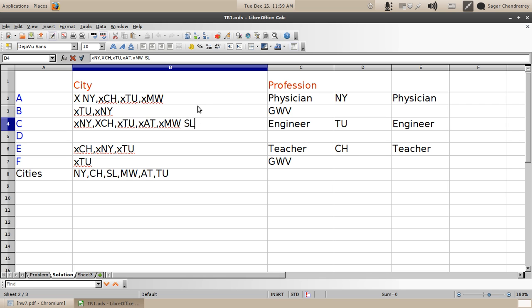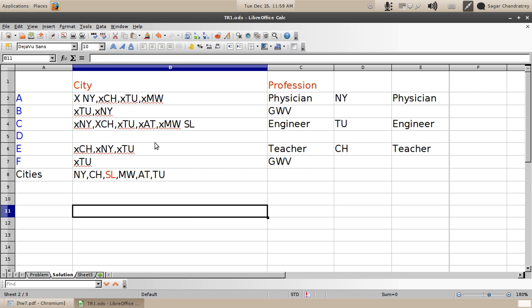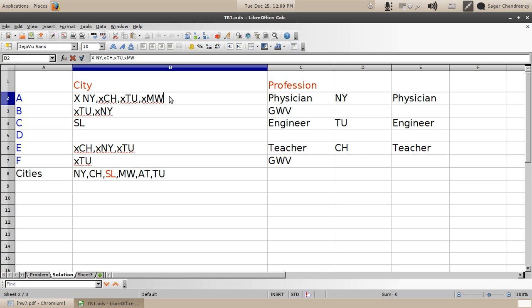So let's put that down here, St. Louis. Now once we put that in, let us mark St. Louis in a different color. So St. Louis is already gone, so we'll put this here in, say, the red color. We can get rid of this data, because now we already know the exact city for this person. So he's from St. Louis. Once this person is from St. Louis, these people cannot be from St. Louis.